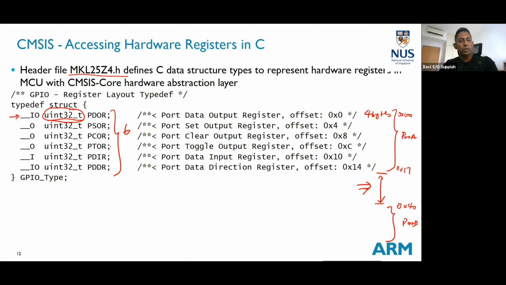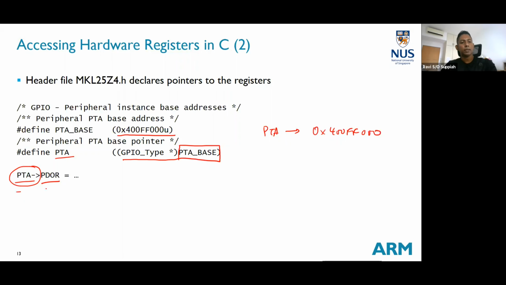By using the pointer to the structure, I can access each of the registers directly using this format. This header file already has given us all these definitions and pointers and structures very nicely for us, so we just need to use them in our code.